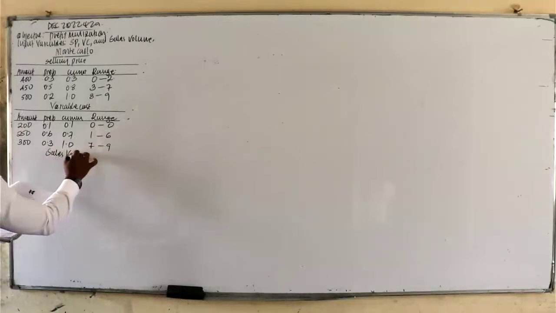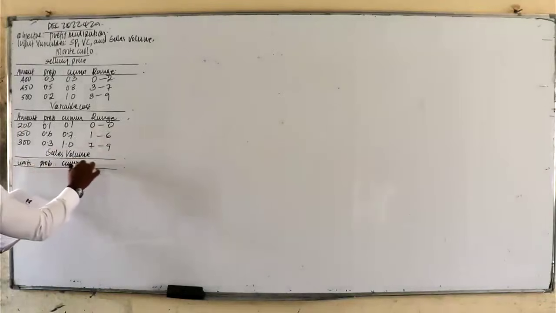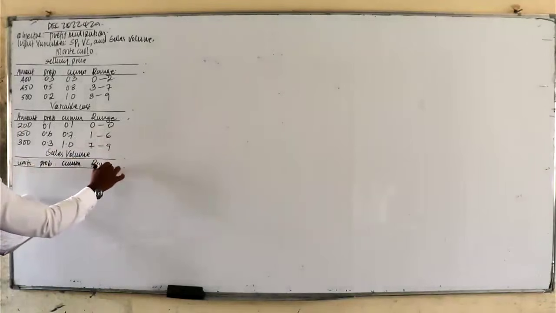And then lastly, we have the annual sales volume. For the sales volume, we have the number of units, probability, you accumulate, then we range. Here you have 40, 50, 60.